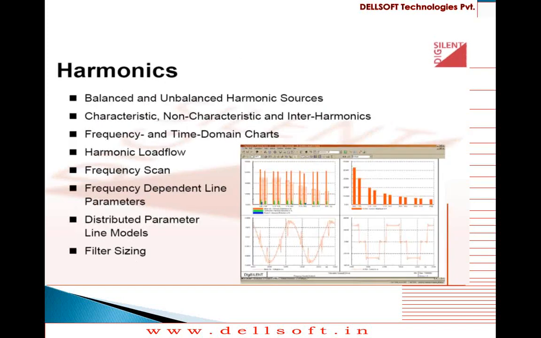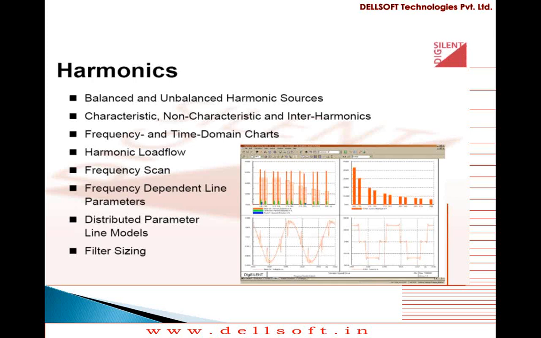In harmonic studies, we generally do balanced and unbalanced harmonic source studies, characteristic and non-characteristic harmonics, and inter-harmonic load flow analysis. Also frequency and time domain charts; based on that, we analyze. The basic feature is to conduct harmonic load flow.